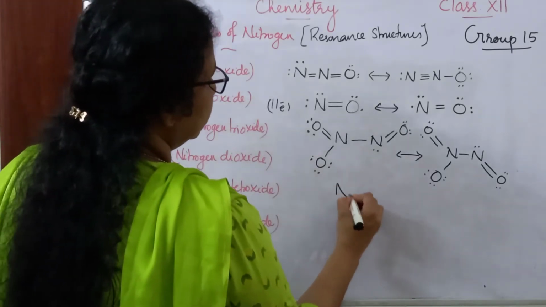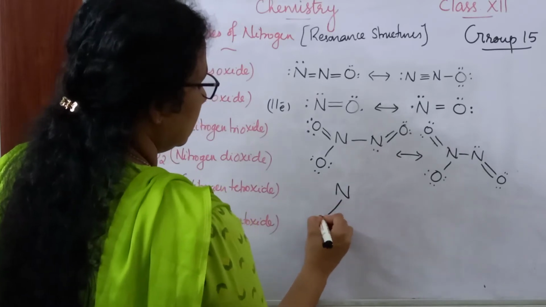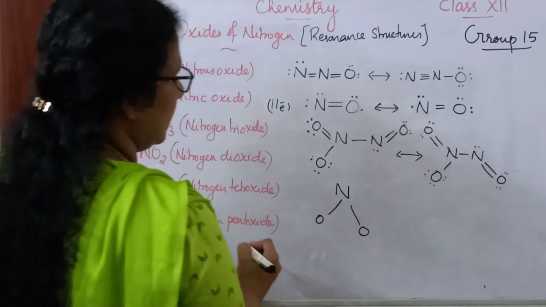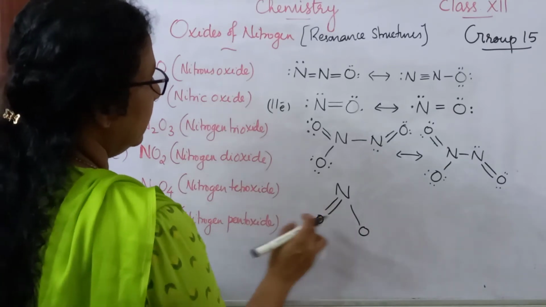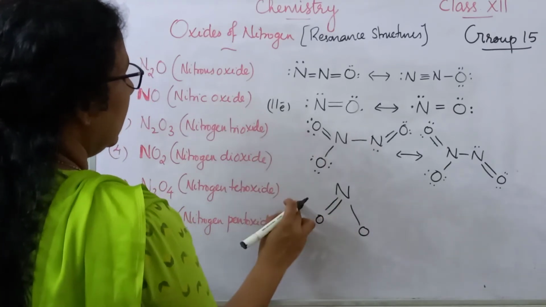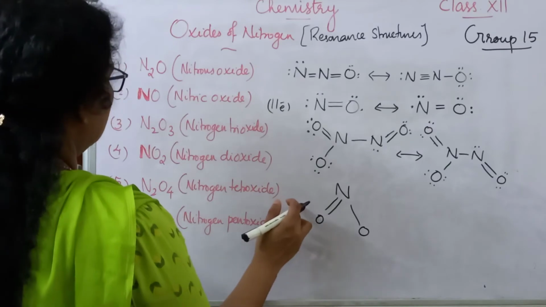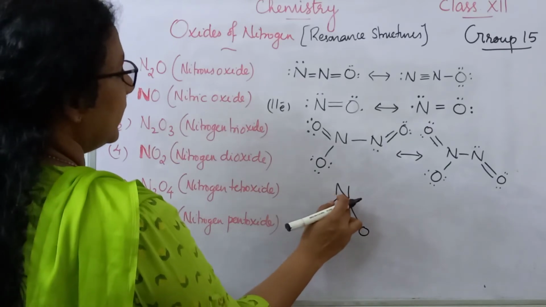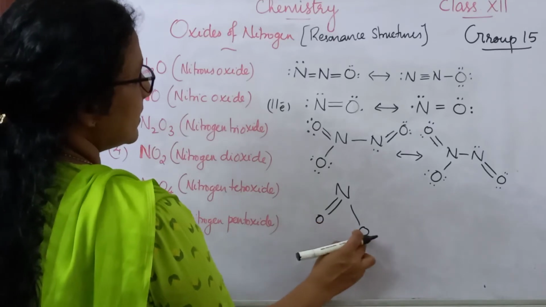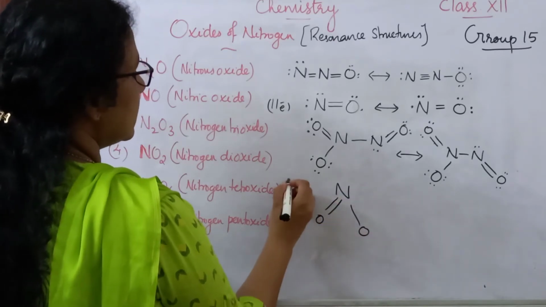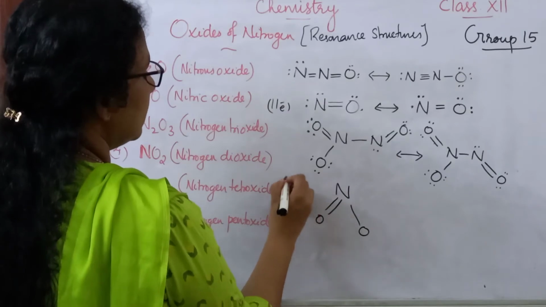So it will be, for nitrogen dioxide, one will be a double bond, and here we need to check the valence electrons. Nitrogen has 5 electrons, oxygen has 6 electrons, total 6 plus 6 plus 5, that is 17 electrons to be distributed.